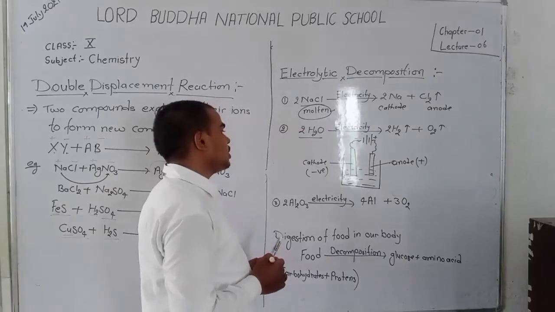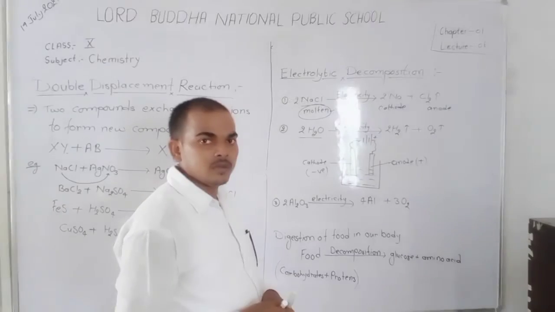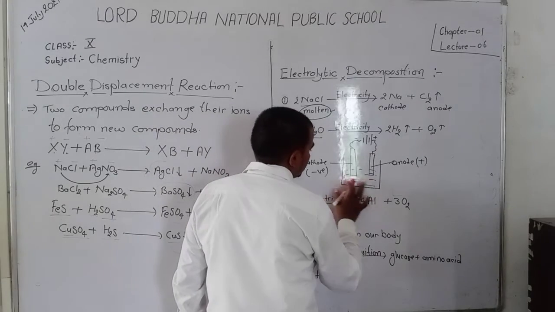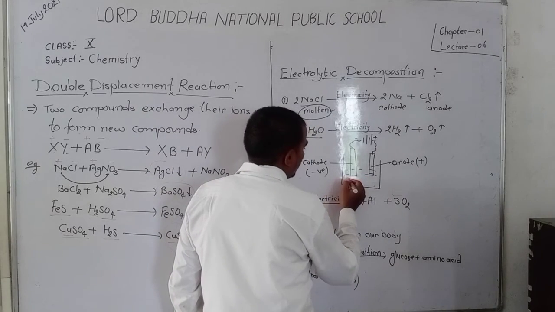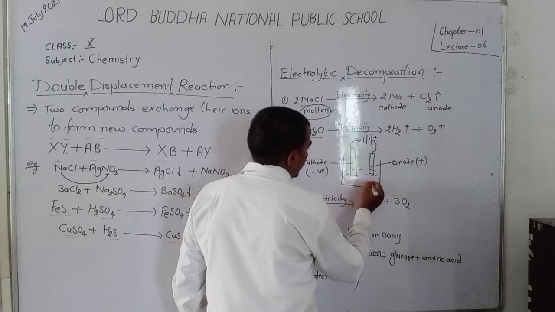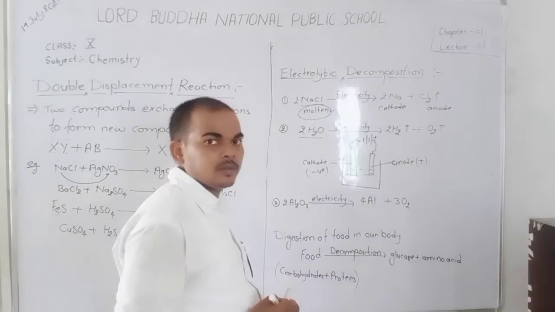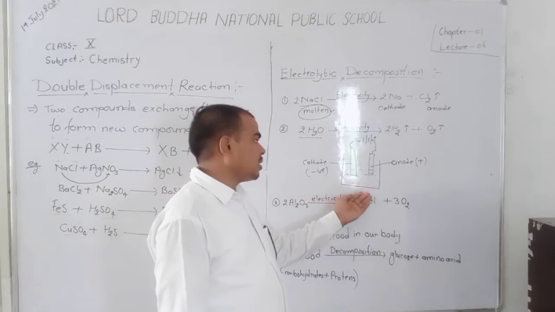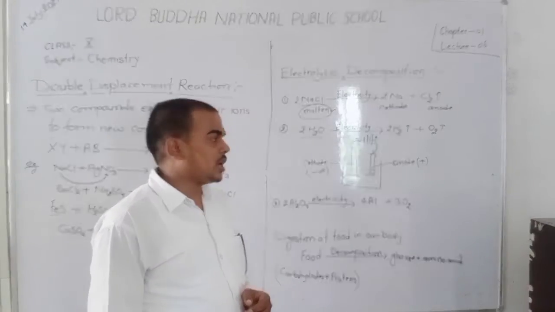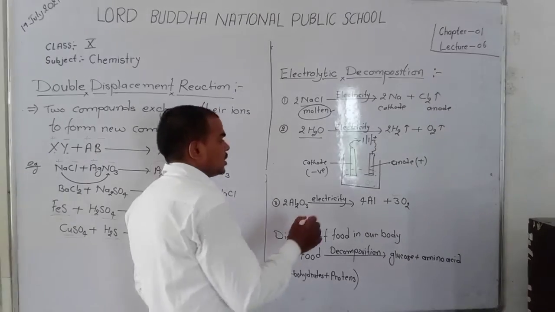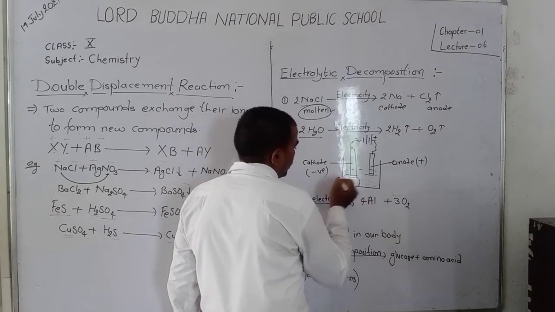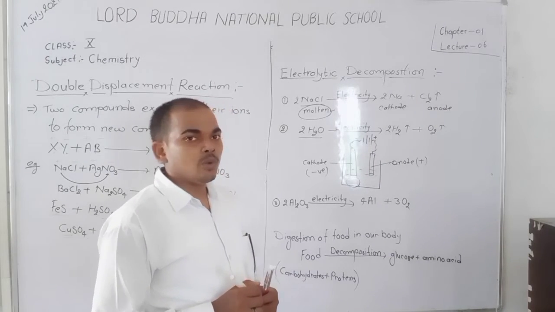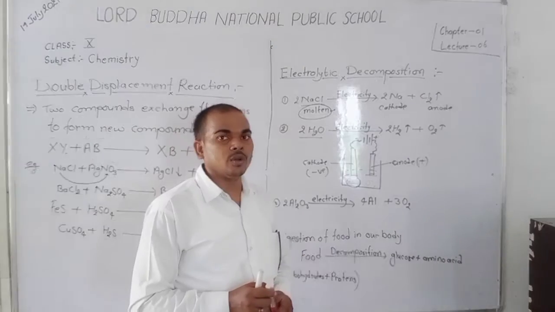Yes, student, when you flow electric current, then hydrogen breaks as a cation, oxygen breaks as an anion. Means hydrogen converts into positive charge, whereas oxygen converts into negative charge. Here, hydrogen has H plus positive charge, so hydrogen has a deficiency of electrons.